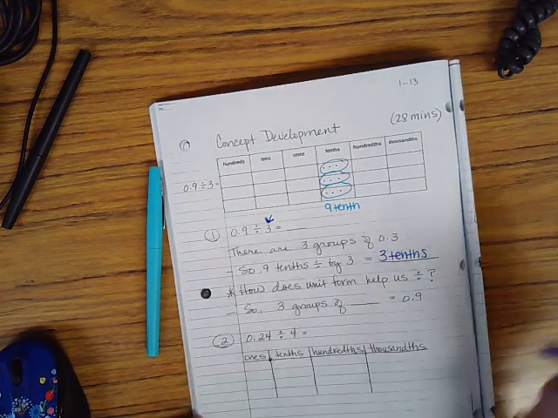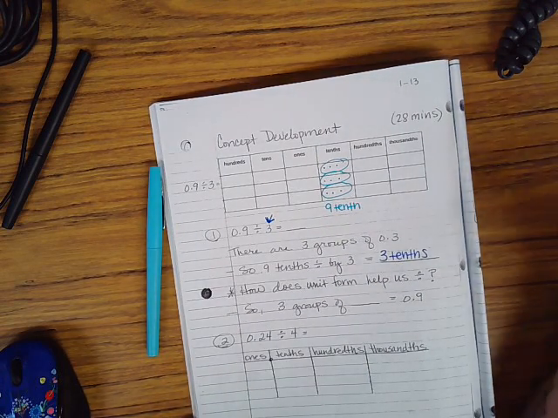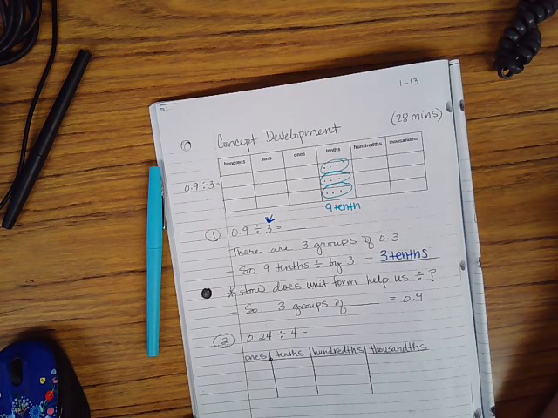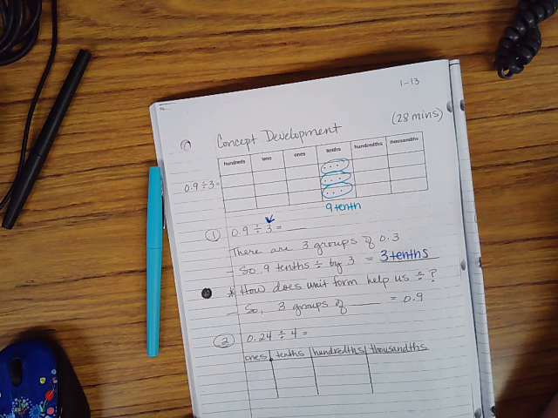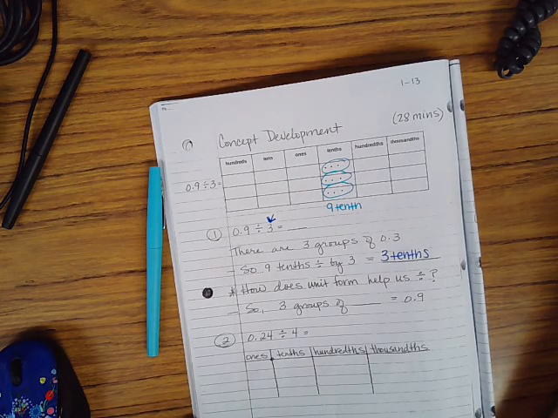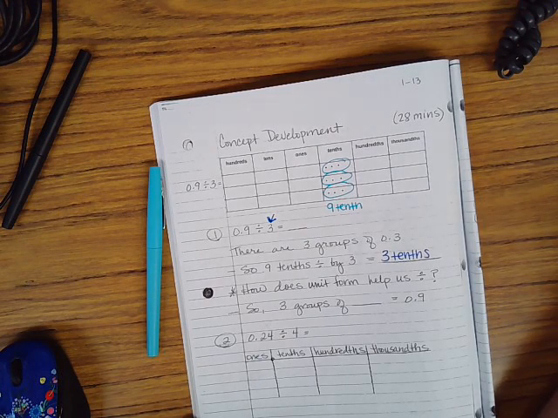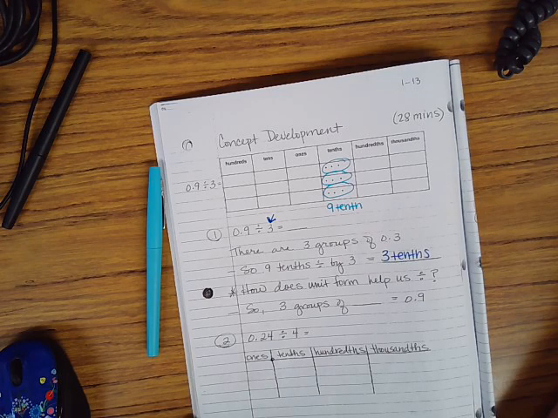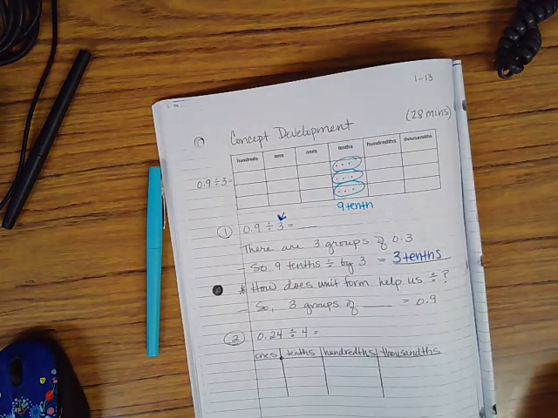So what we really want to do, which makes this like 100 times easier, is to use unit form to help us divide. So instead of saying 0.9 divided by 3, we can say 9/10 divided by 3. That makes it like a basic math fact, right?